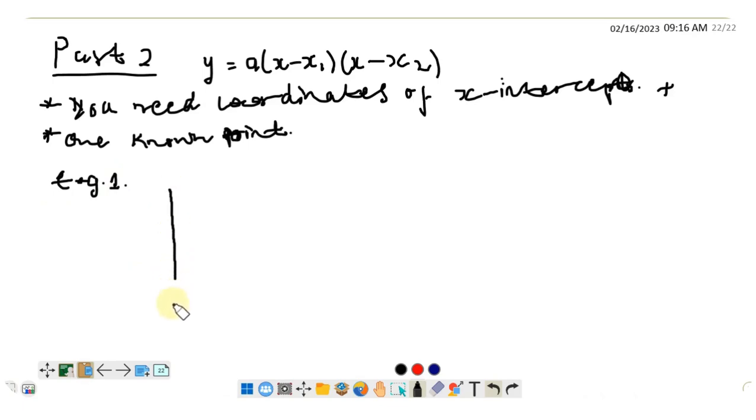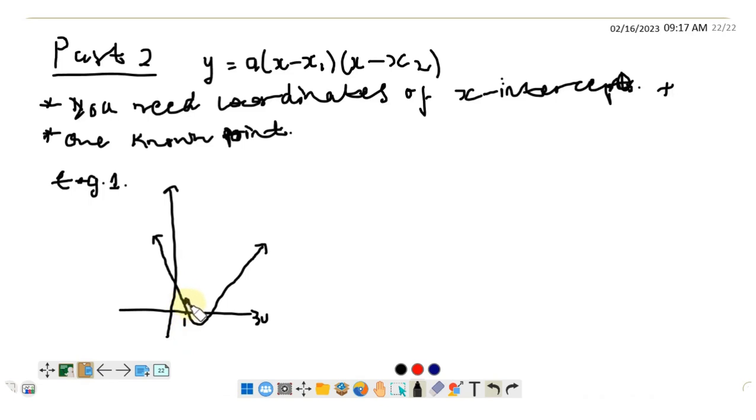So let us have a graph. Here the x value is 1.